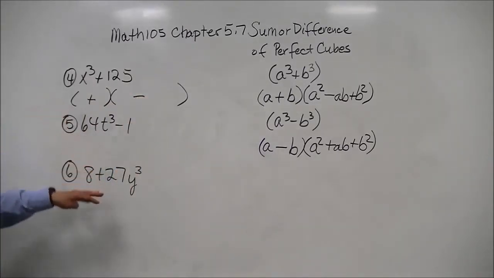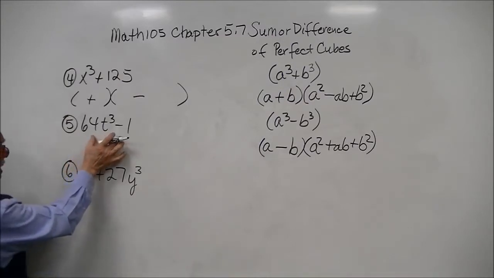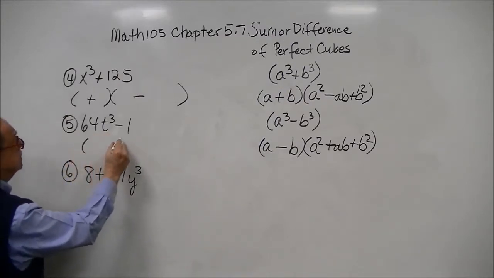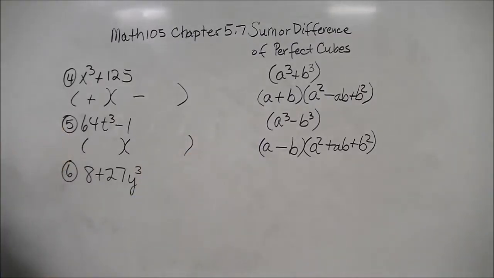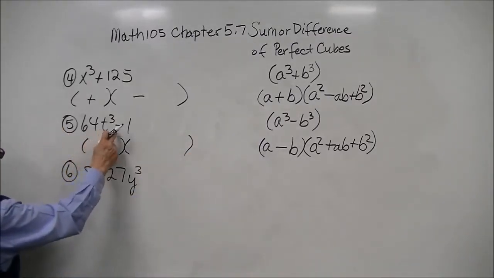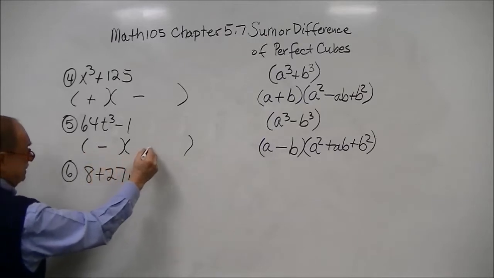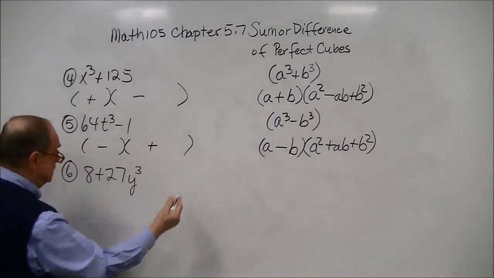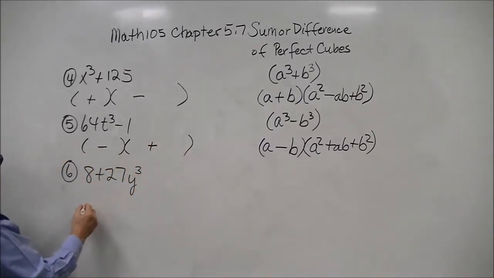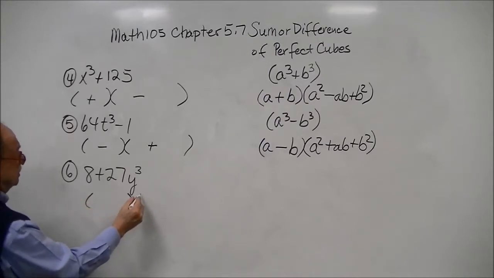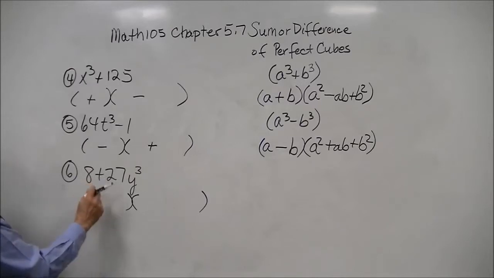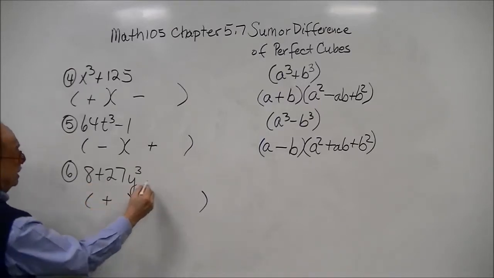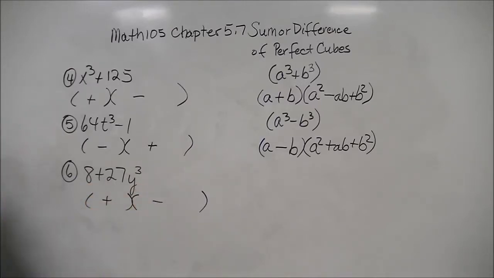In fact, we'll set them all up. Parenthesis for 2 terms, parenthesis for 3 terms. This sign will be negative, this sign will be plus, it's opposite. Parenthesis for 2 terms, parenthesis for 3 terms, this is a plus, and this will be a minus.